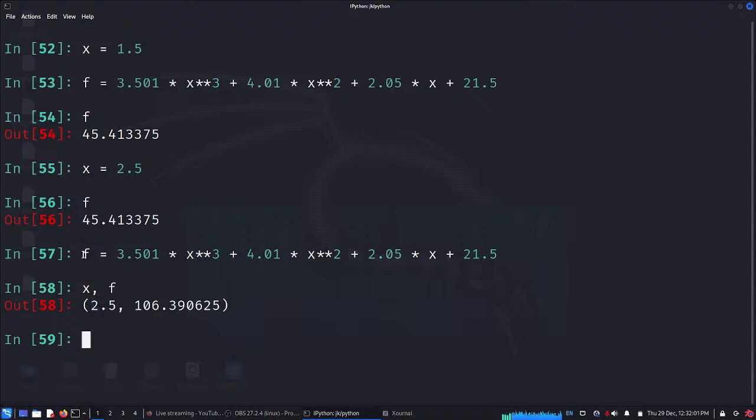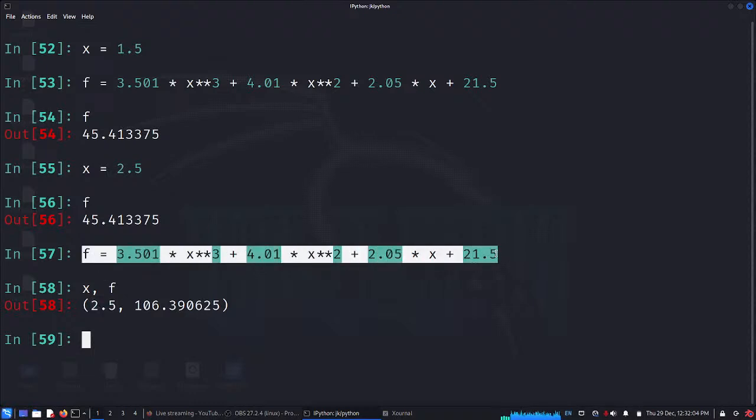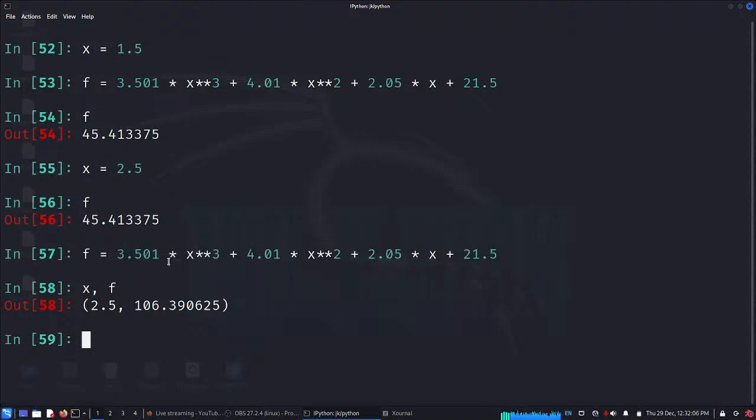If I have to do this several times in a piece of script, I have to keep writing this again and again. Of course I can copy and paste, but if there's some other way we can do it, it would be nicer for us, right?